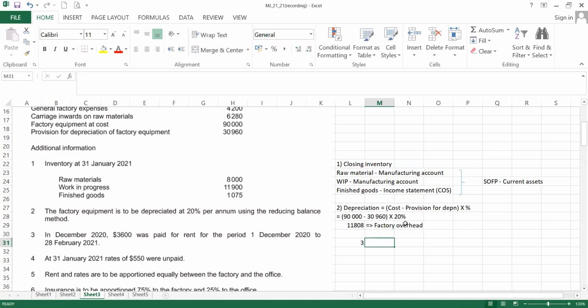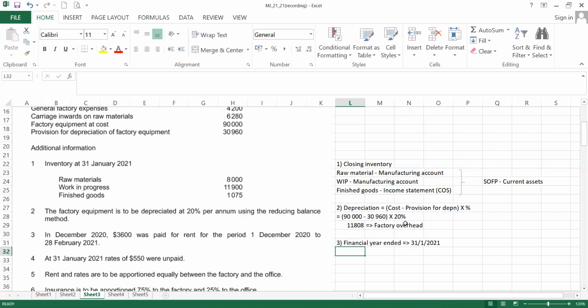Next is number 3. In December 2020, 3,600 was paid for the rent for the period 1st December 2020 to 28 February 2021. First of all, what is your financial year? Financial year ended on 31st January 2021.